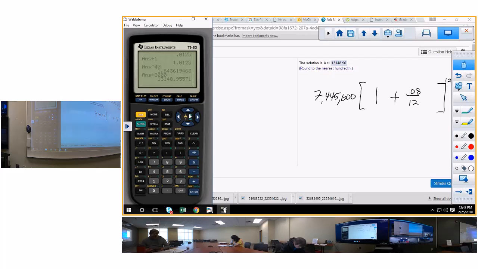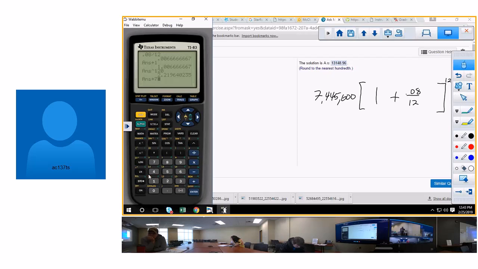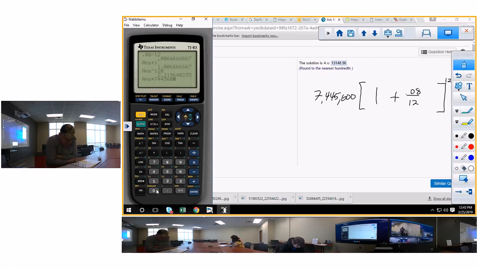I'm going to clear, and we're going to do 0.08 divided by 12 plus 1 raised to the 120th power, and multiply that by 7,445,600. I got 16,500,000. Correct.